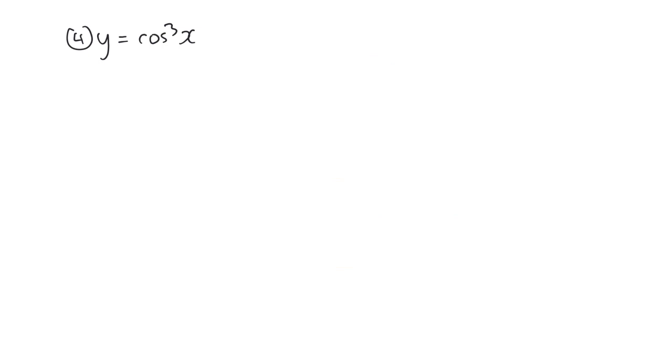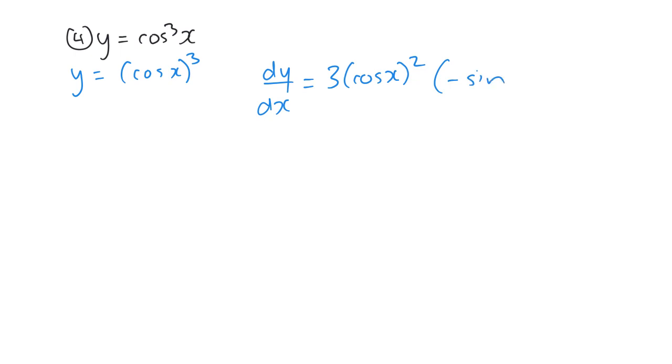Our fourth one, y equals cos cubed x, and again write that as y equals cos x all cubed. So when we differentiate, we get 3 cos x all squared, and then differentiate what's in the bracket. So differentiate cos x, and we get minus sine x, and then to tidy that up, we'll bring the minus out to the front and write something like that.